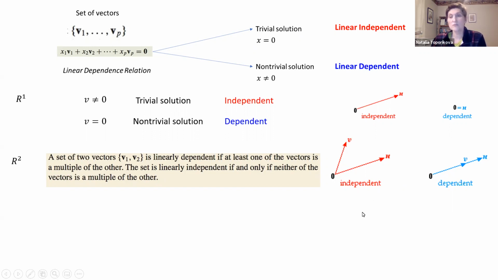Okay, let's move up one dimension to R3. In this case, if we have dependent vectors, they will always lie in the same plane.